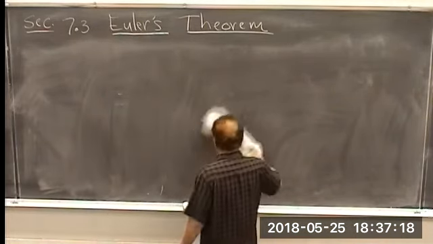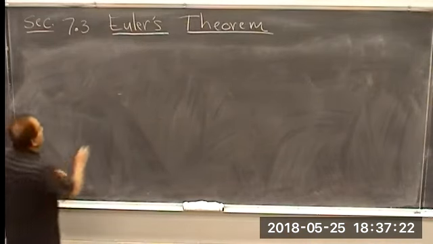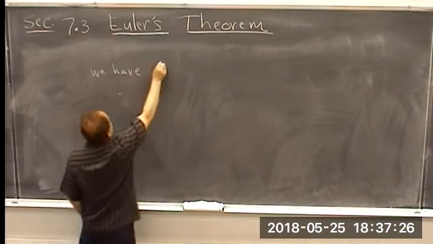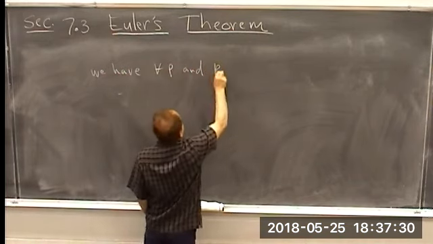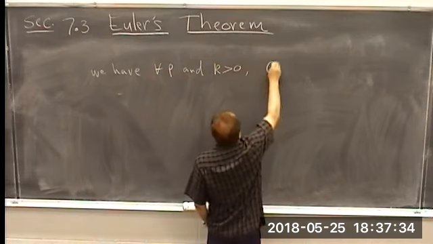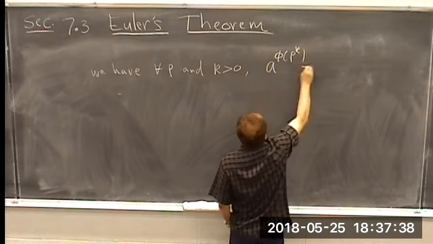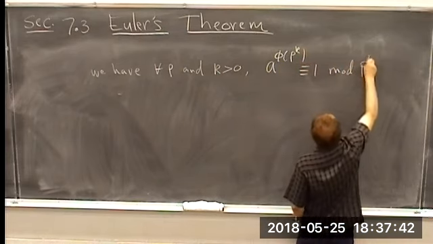p was arbitrary. So this means that we have, for any prime p and k bigger than 0, a to the phi of p to the k is congruent to 1 mod p to the k.